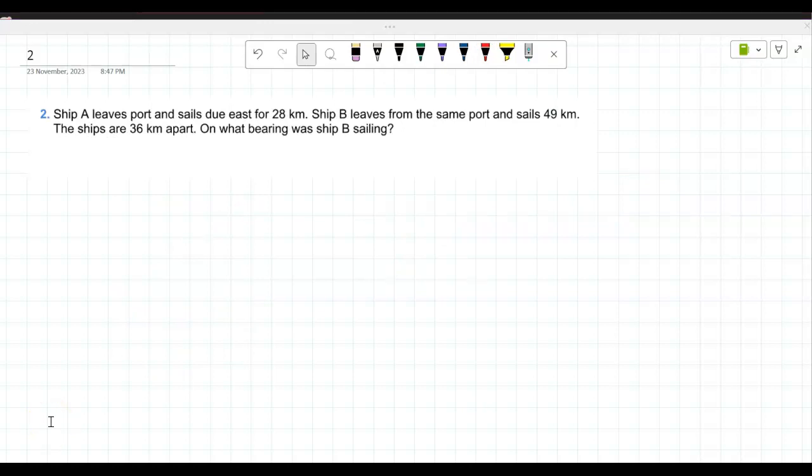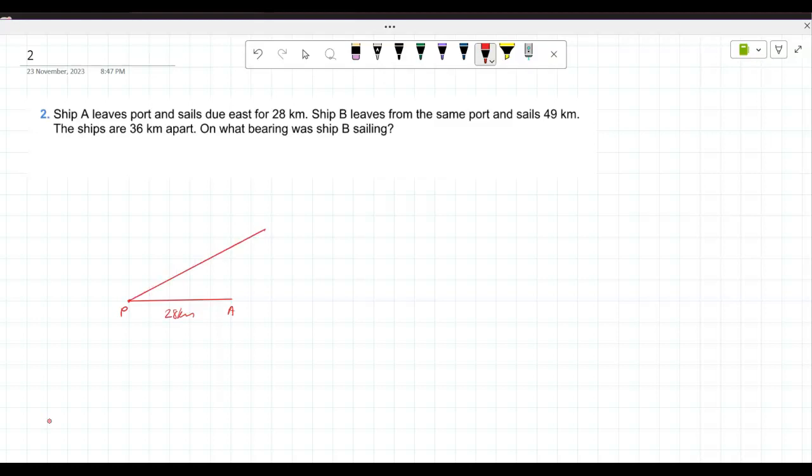Ship A leaves a port and sails due east. East is this way, 28 kilometers. Let's say the port is P, and A is due east, 28 kilometers. Ship B leaves the same port and sails 49 kilometers, we don't know which side, so you draw 49 kilometers randomly, let's say here.